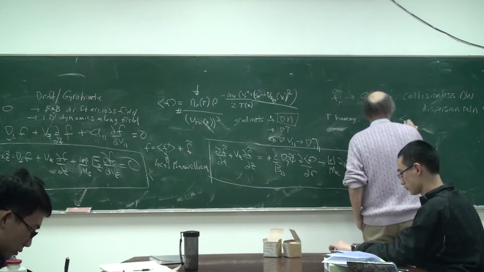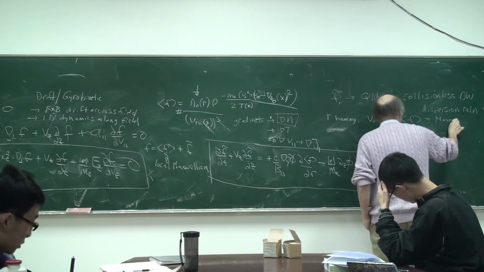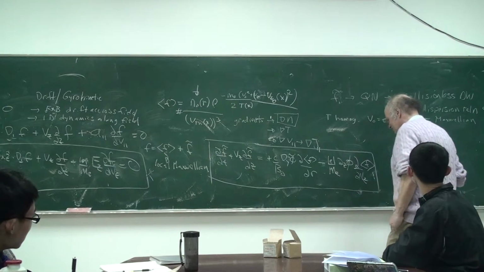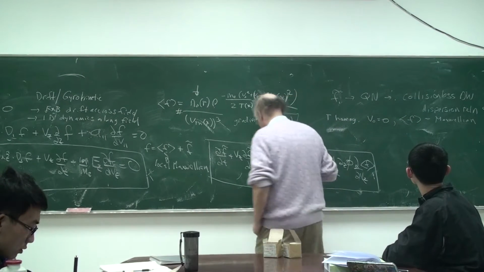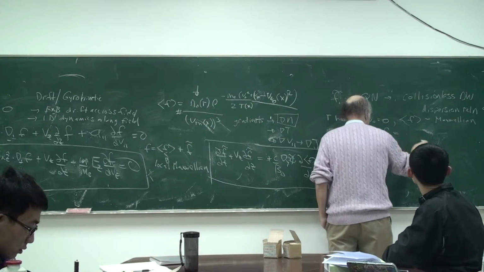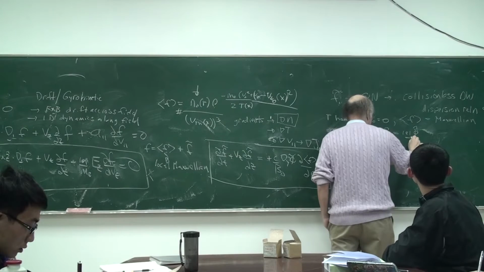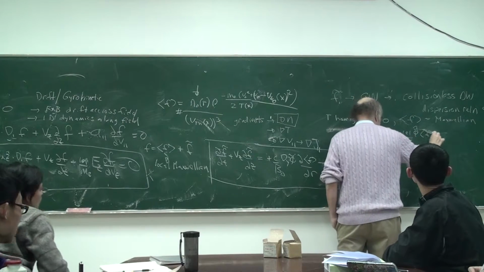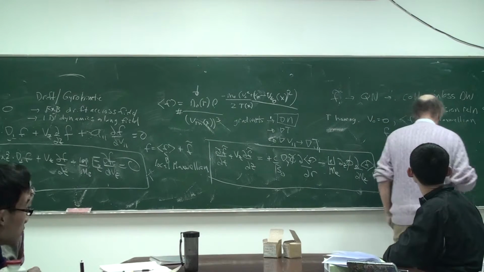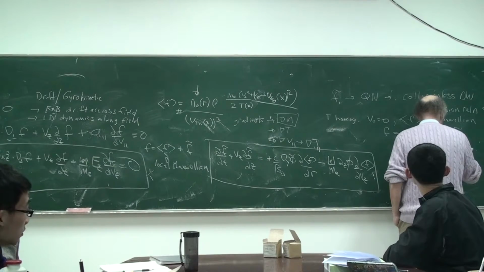The other thing is that F is, as you see, nearly a Maxwellian. So we can write this in a slightly clever way. We can write F as equal to E phi over T times F average, which is our friend the Boltzmann relation, plus G, which is everything else.